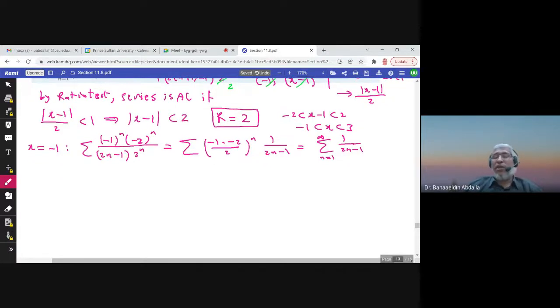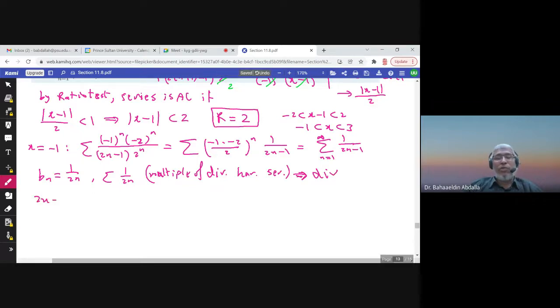And I can compare this series with 1 over 2n. Now, summation 1 over 2n is a multiple of the divergent harmonic series, so it is divergent.